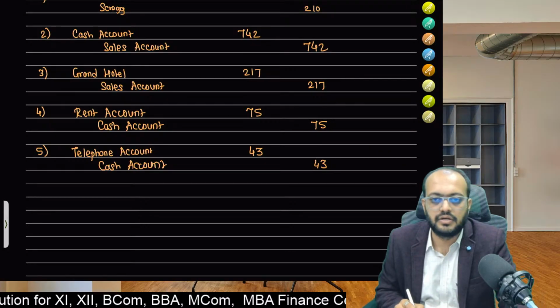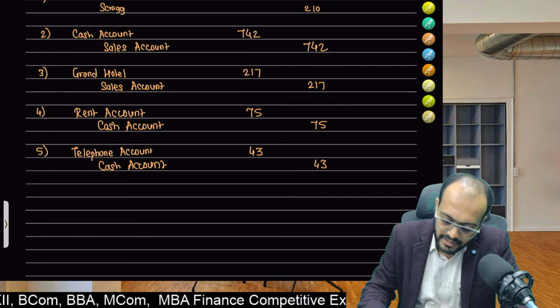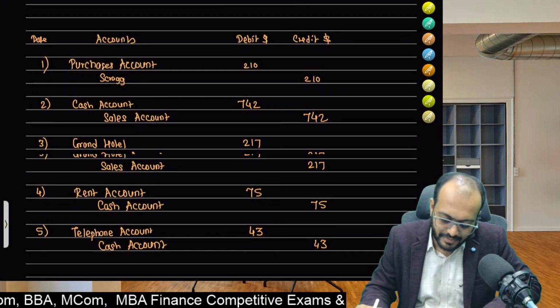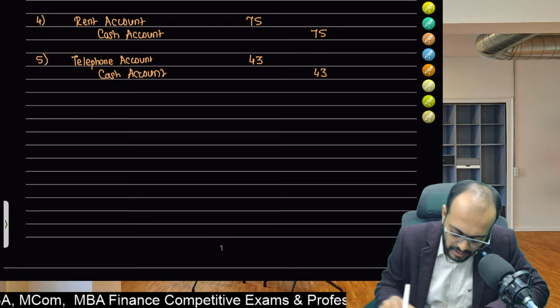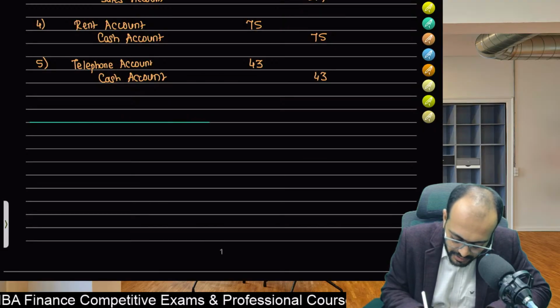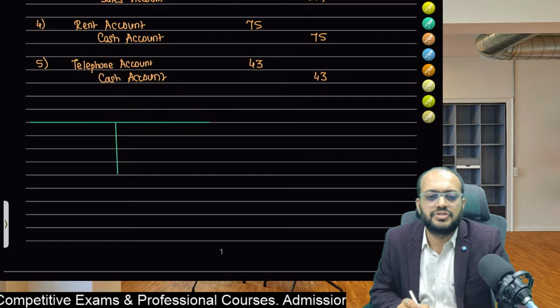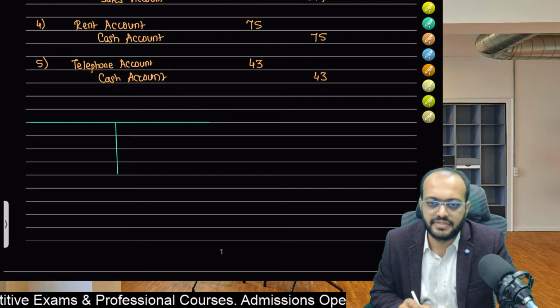Students, start with the first transaction, number 1. In transaction number 1, which account is debited? Purchases account and Scrag. So I'm drawing the two accounts, two T-shaped ledgers simply. So this is the ledger. Just draw this, 2-3 lines are sufficient.